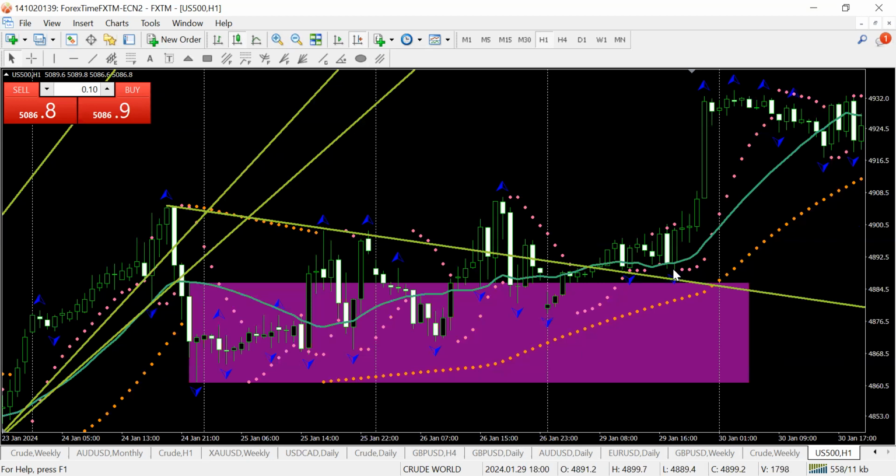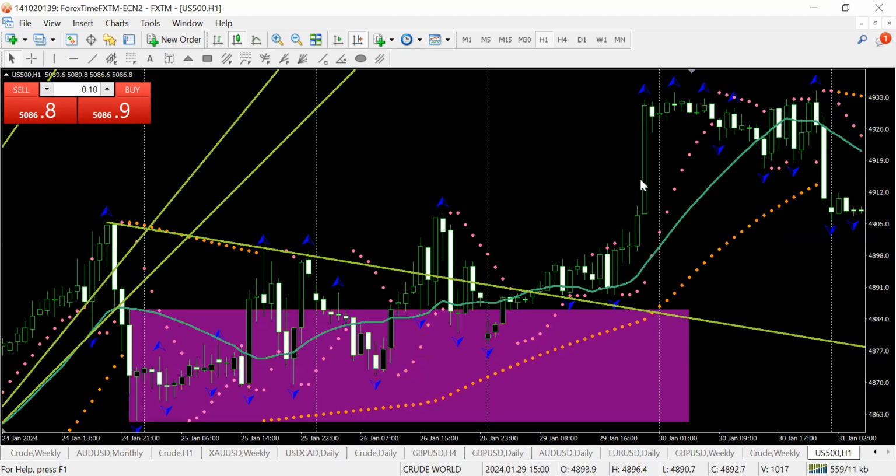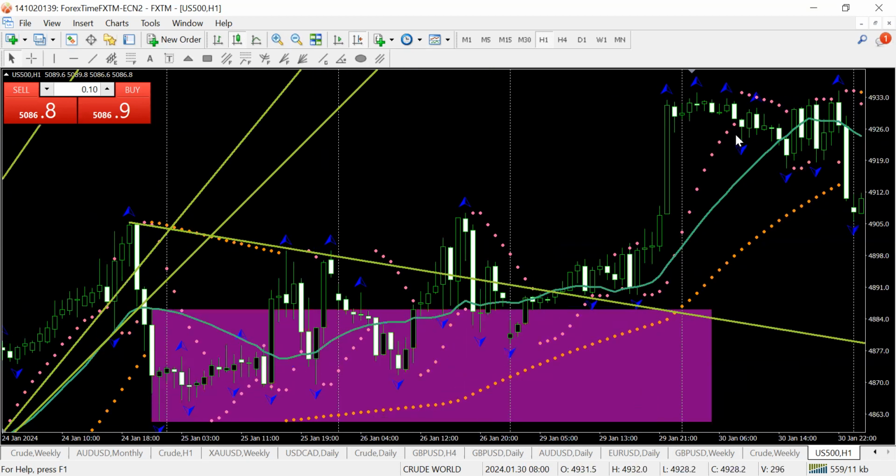So at this point, we can get our trend line here. From here, this is our trading stop loss.